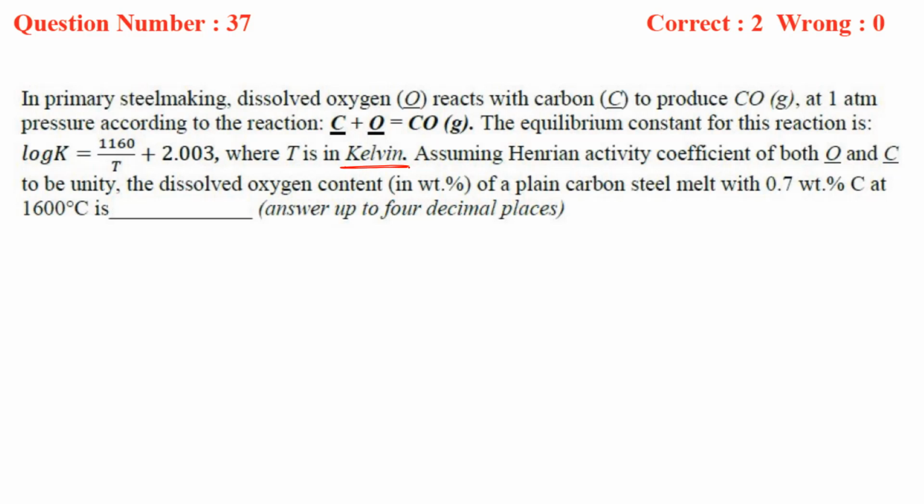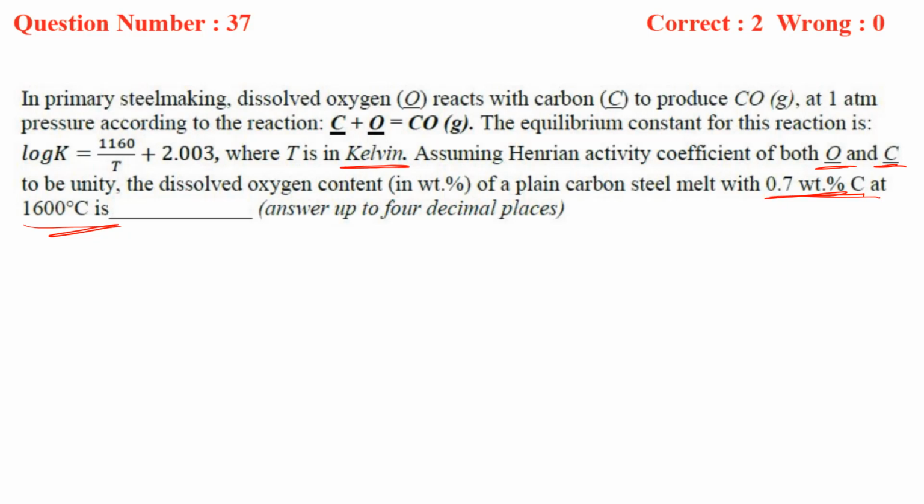Assuming Henrian activity coefficient of both oxygen and C to be unity, the dissolved oxygen content in weight percent of a plain carbon steel melt with 0.7 weight percent C at 1600 degrees centigrade.